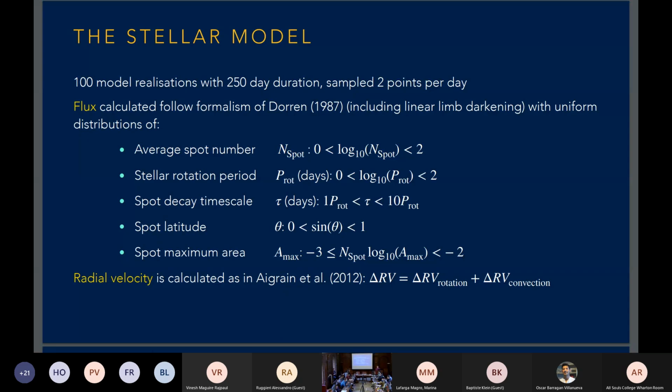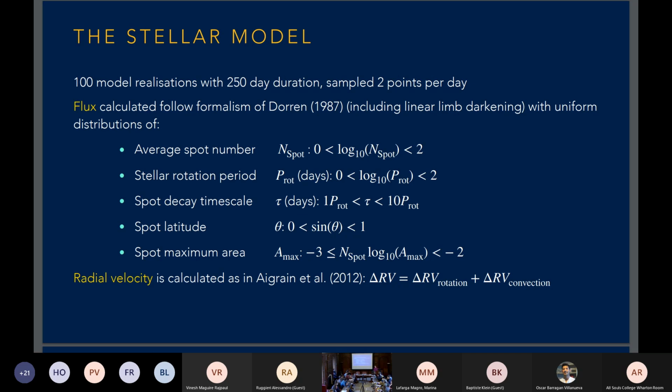That's sad. All right, so where were we? We were talking about how stars are terrible in that they're not uniform, but that's okay because we can do physics by understanding how they're not uniform. So the starting point of this project is that we're going to be fitting Gaussian processes to stellar models, where we know the stellar rotation period, the spot number, the spot decay time, and the spot distribution and spot area.